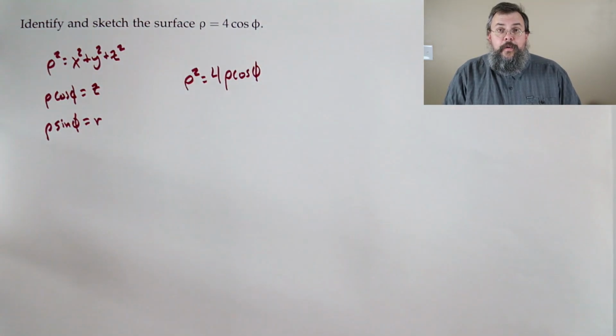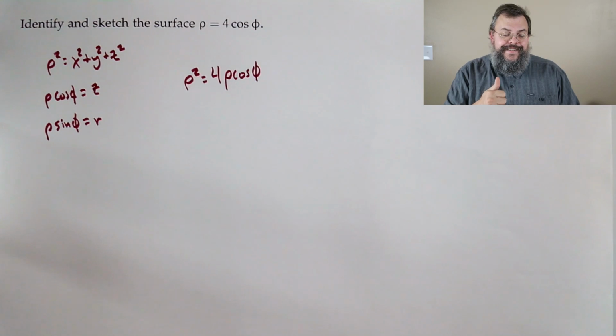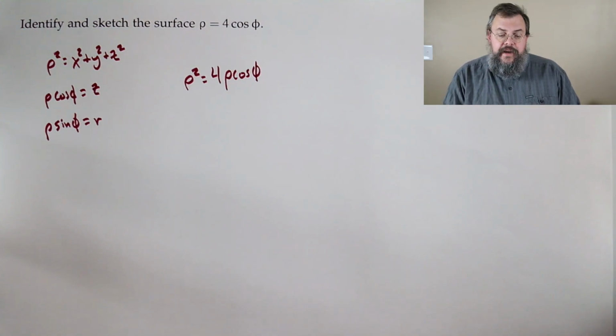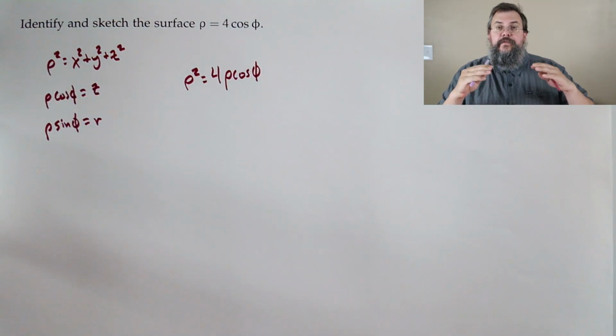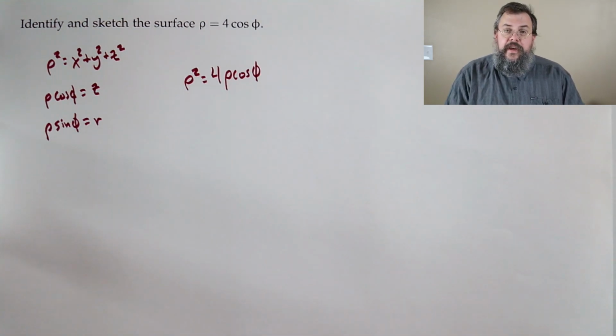And now we're looking at this kind of equation and we're going, nice. Well, why would we say that this is nice? Well, because, hey, rho squared has a nice formula attached to it to convert. And rho cosine phi, similar thing.